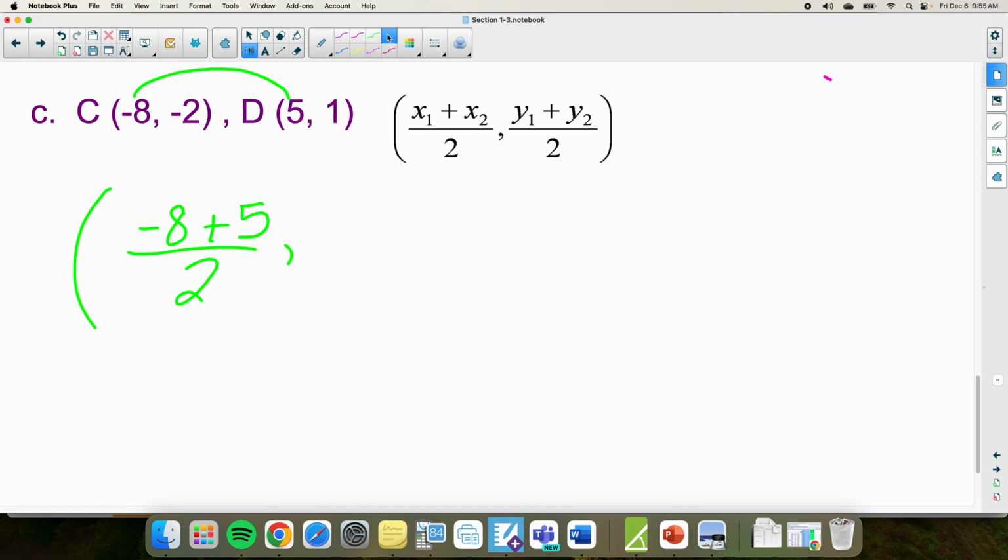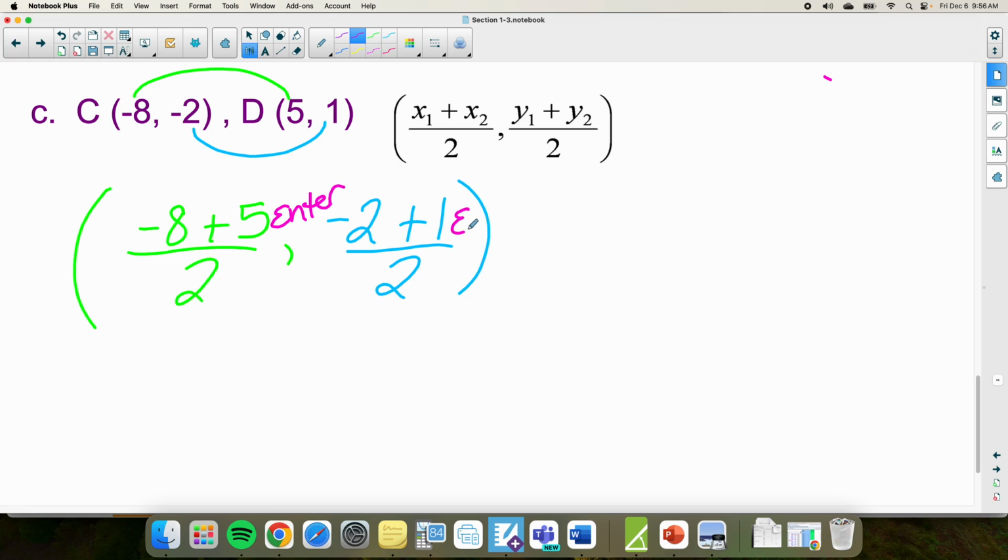And we're gonna add our two y's together. -2 plus 1 divided by 2, okay? You either use parentheses or you hit enter before you divide by 2, okay?